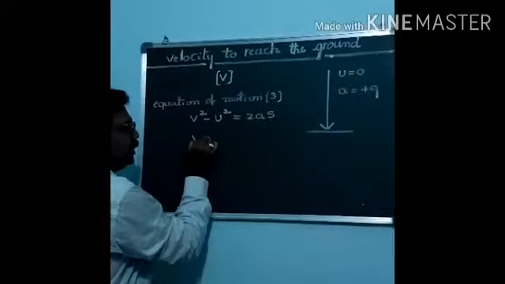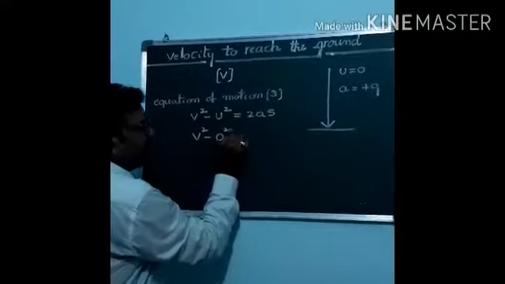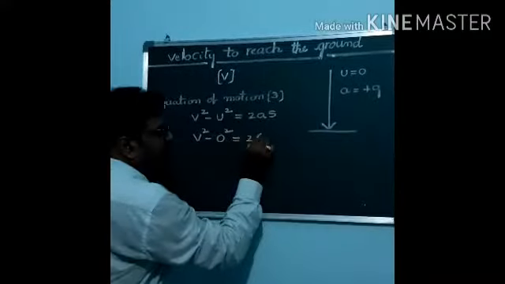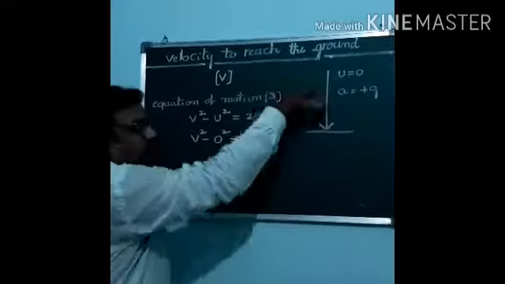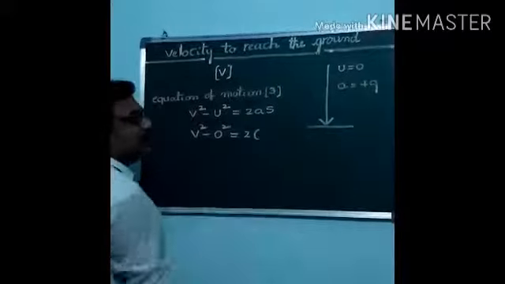So v square minus 0 square equals 2 times plus g, times s. Why plus g? The object is moving downwards and the acceleration due to gravity, Earth's gravity, is downwards.